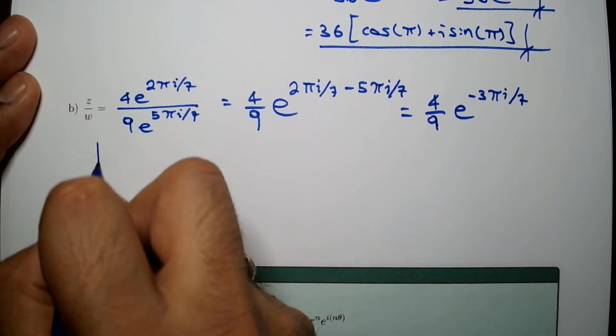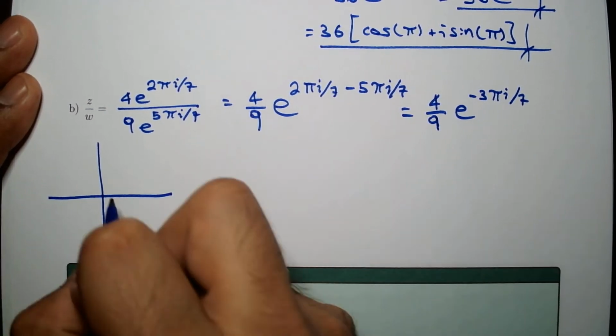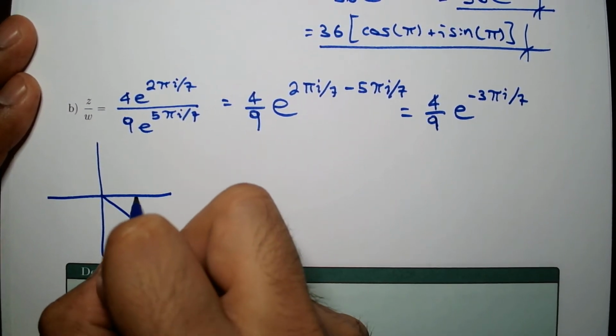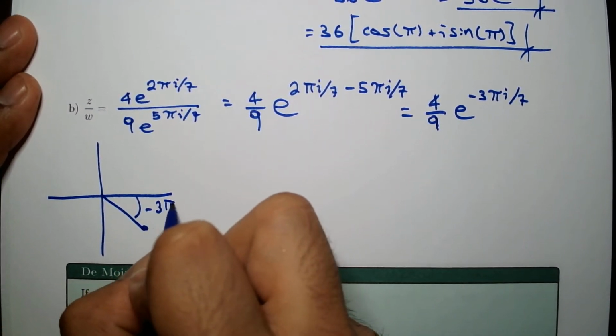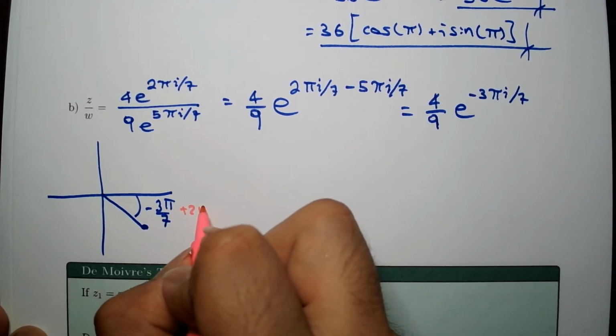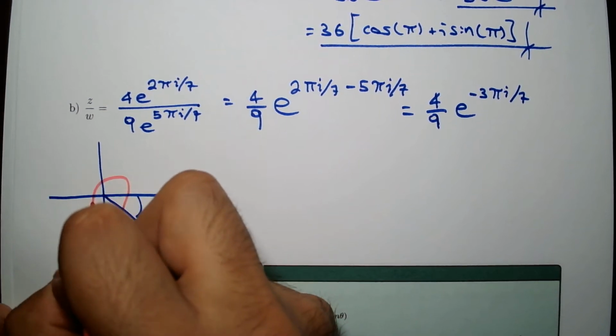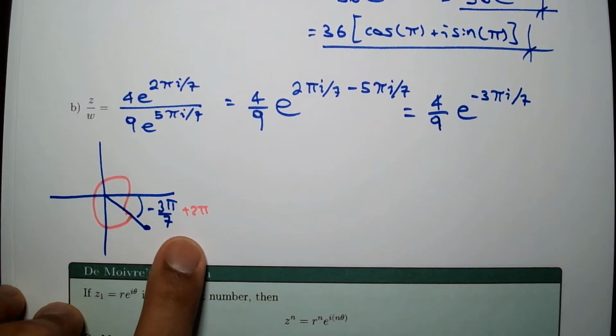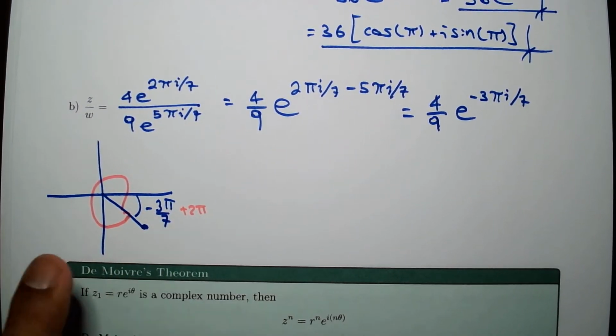So let me just do a plot. Negative 3 pi over 7 is right here. So we need to add 2 pi to fix the issue and turn it into a positive angle that lies between 0 and 2 pi.